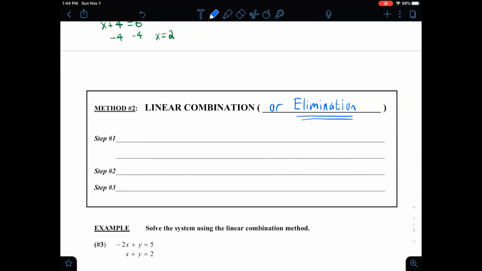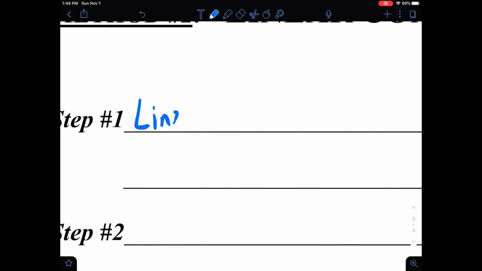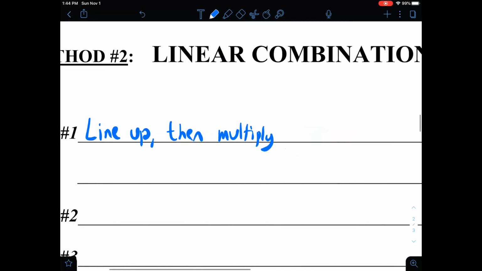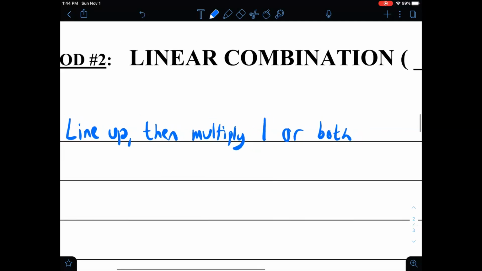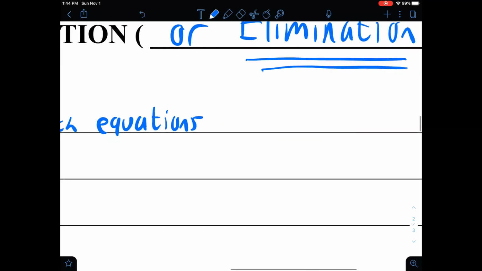So this is elimination. Step number 1 is to line up, then multiply 1 or both equations by a number.